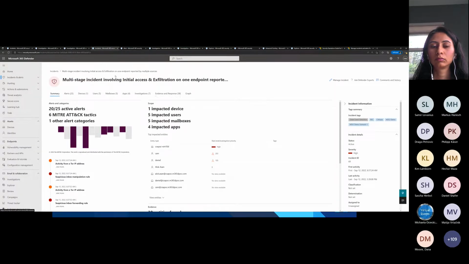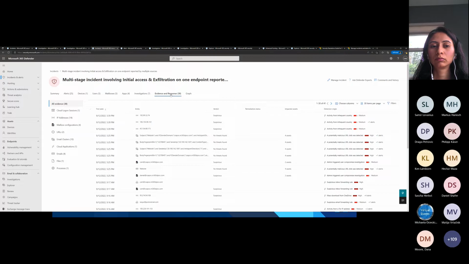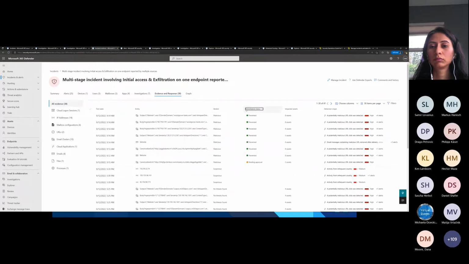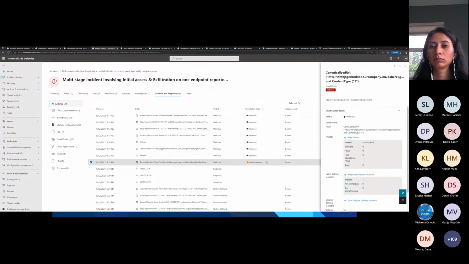All these investigations and their pending actions are brought together as evidence, and you can take action straight away from here as well. So you can start looking at what requires my attention, what still has a pending action, and I can do the same action from this page as well, similar to the underlying investigation page.